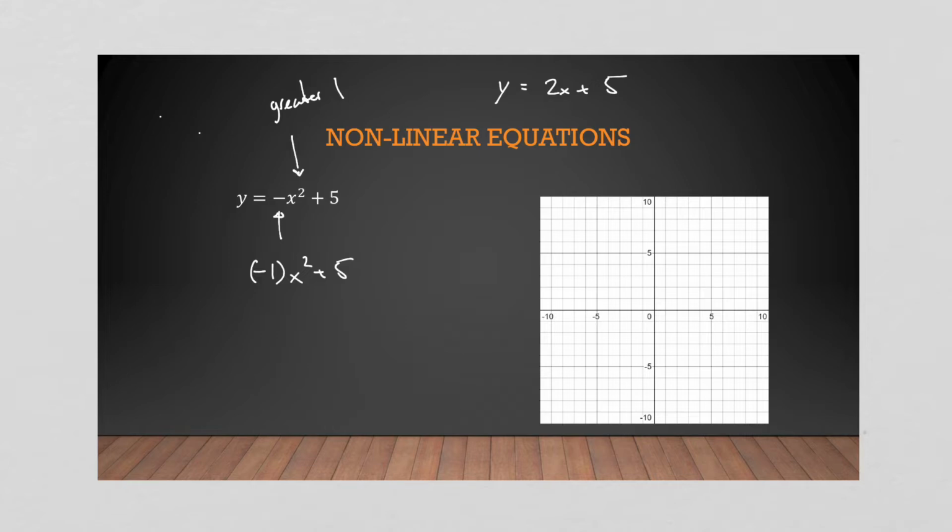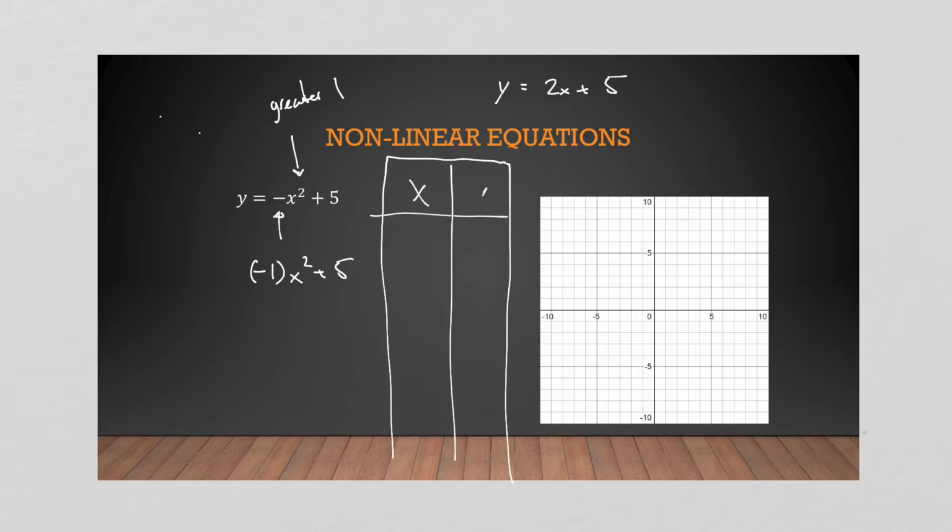So the best case scenario for grade 10, because we haven't learned these in depth, is just to create a table of values. And what we do here is we are just going to plug values in for x and see what happens for y, and then we can hopefully see the behavior of the graph coming into form.